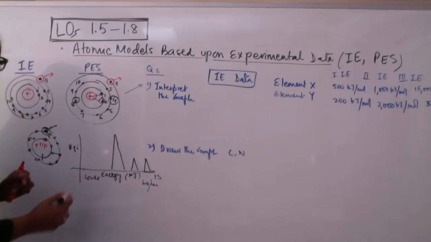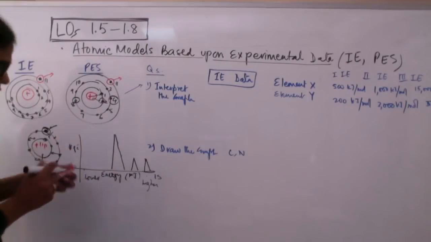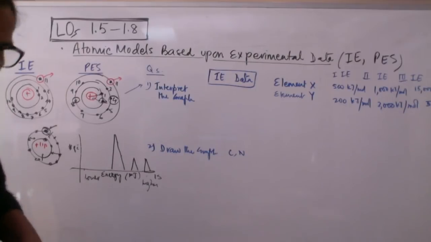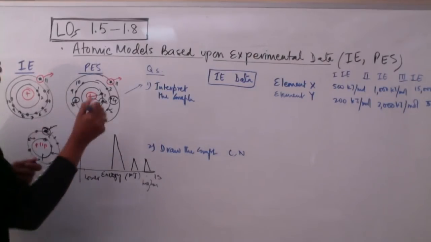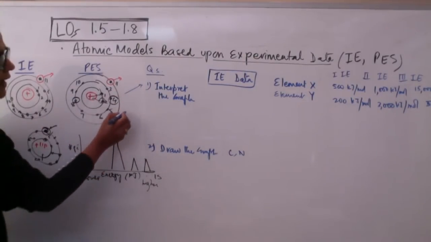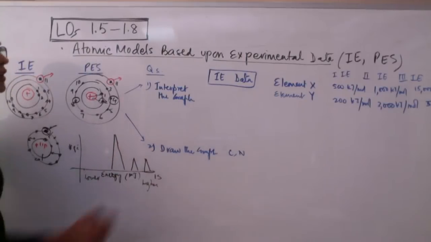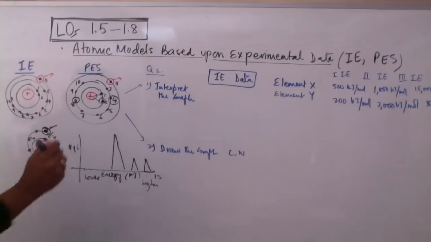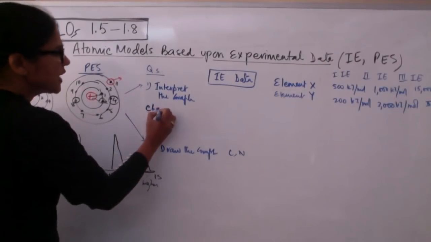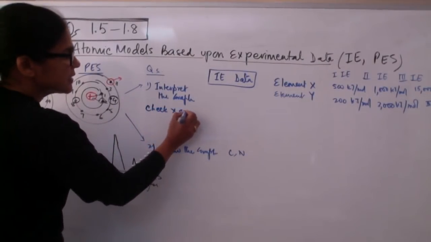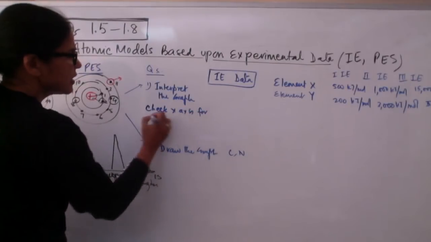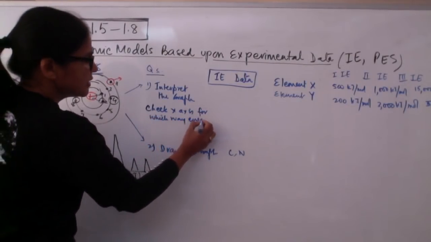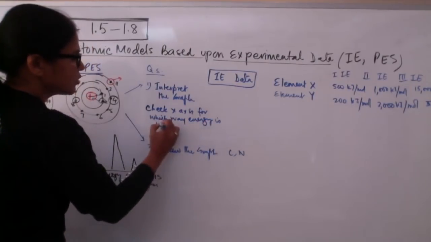And so on. There are 2 types of questions that you can be asked on photon emission spectroscopy. One is you can be asked to interpret the graph, and other could be you can be asked to draw the graph. If you are asked to interpret the graph, one thing to remember is check the x-axis for which way energy is increasing.